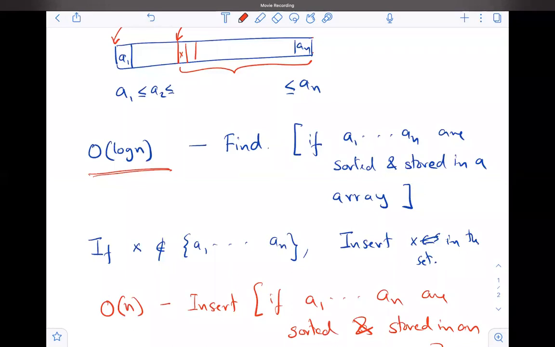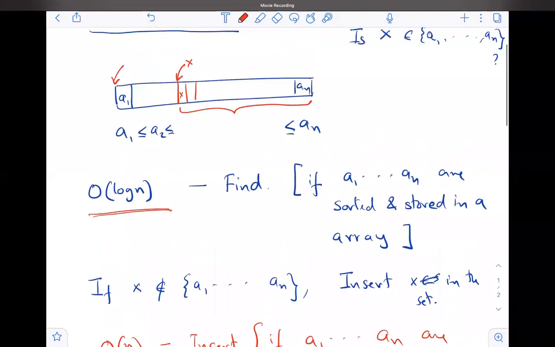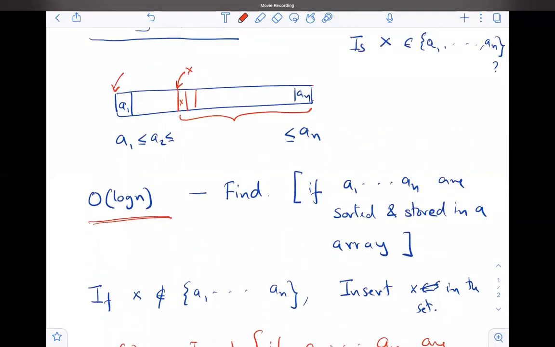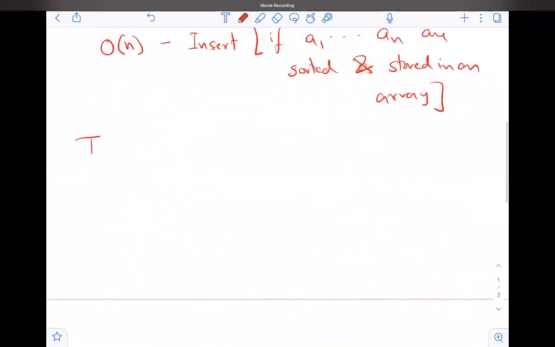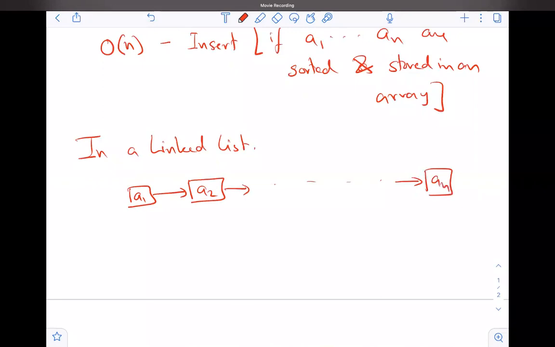So in a linked list, what happens? You don't have random access memory. Which means that I have this one A1, then a link to A2, and a link to AN. Now the issue is that if I have to find if X is in A1 to AN, this takes order n steps because I have to go through all of them.